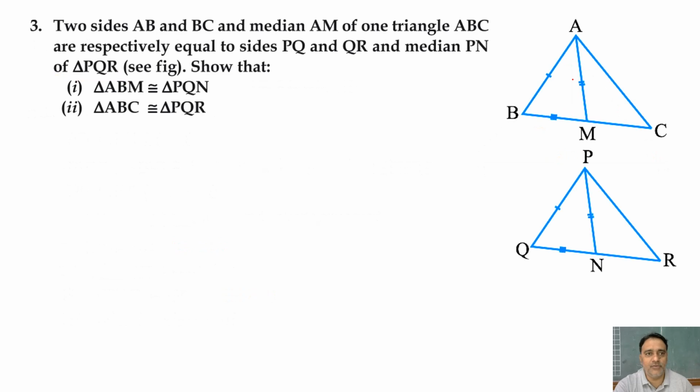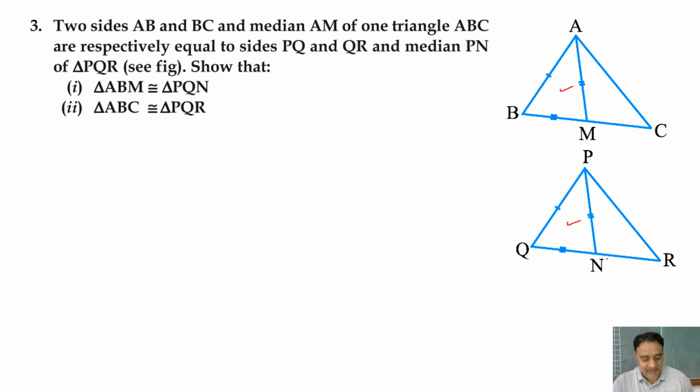Okay. So now we'll move towards question number 3. Two sides AB and BC and median AM of one triangle ABC are respectively equal to PQ, QR and median PN of triangle PQR. Show that these two triangles are congruent. These two triangles ABM and PQN.